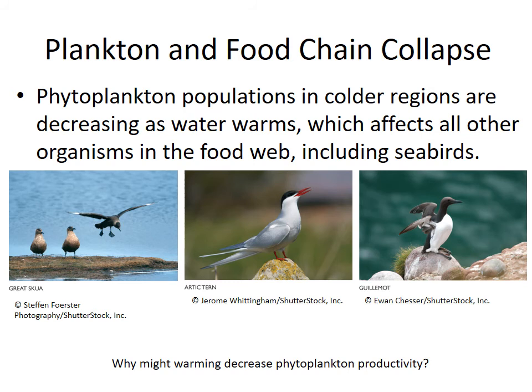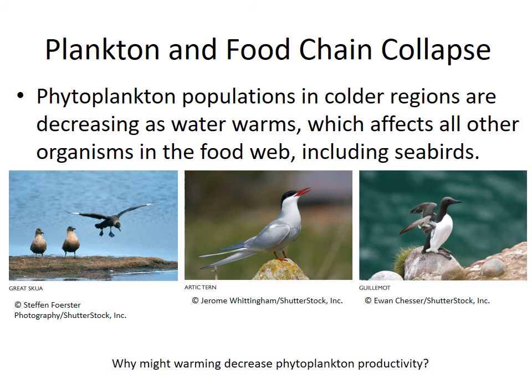And as those seasonal cycles shift in their timing, then some of the sort of reliable spring blooms of phytoplankton, for example, that support the food chain that ultimately leads to seabirds, those break down.